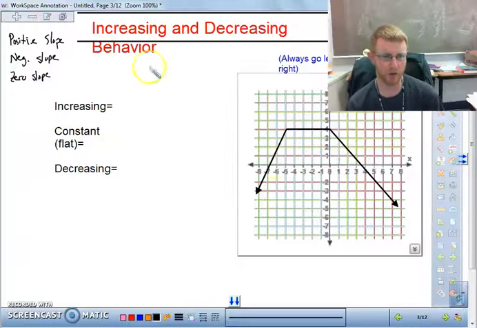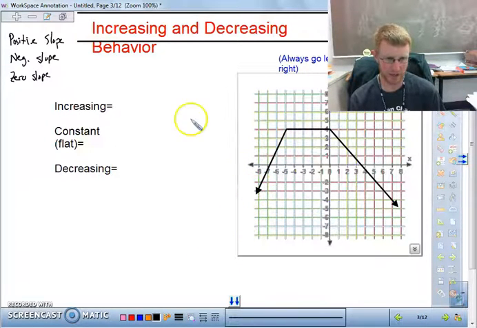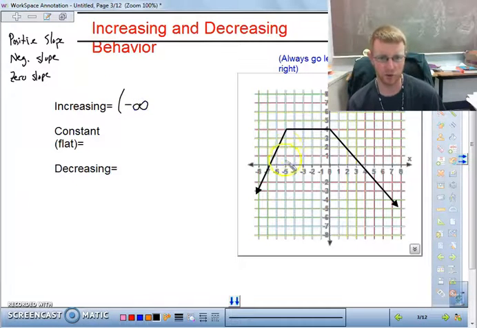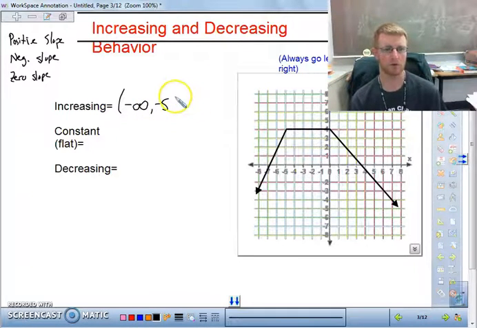So when we look at a graph, we should be able to say the intervals where a function is increasing. So right here, this is where our function is increasing. With this arrow, it means that we are going from negative infinity to, it looks like, negative 5. Now, because there's a change over there, we're not going to include the negative 5. It's increasing until negative 5, and then it's kind of changing.